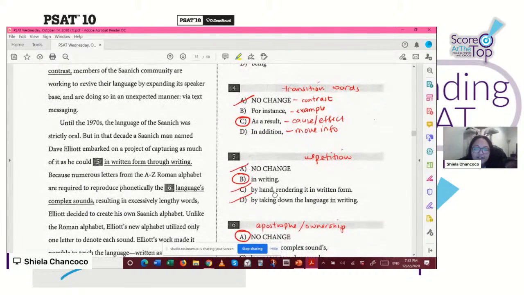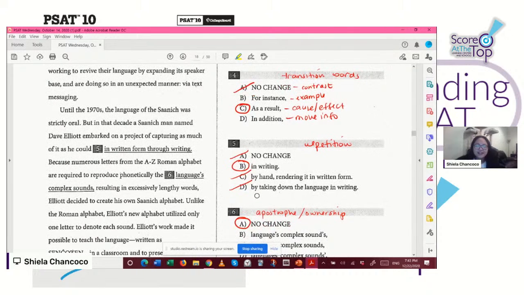Okay, number 5. This one's a repetition. Most of the time, if it's a repetition, it's always the shortest answer, meaning fewer words. If you say "in written form through writing," you said writing twice. That doesn't bode well.